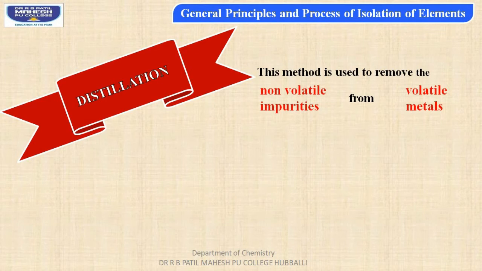Non-volatile impurities are the impurities which have a higher boiling point, whereas the volatile metals have a lower melting and boiling point. For example, zinc, cadmium and mercury metals can be purified by using the distillation method.